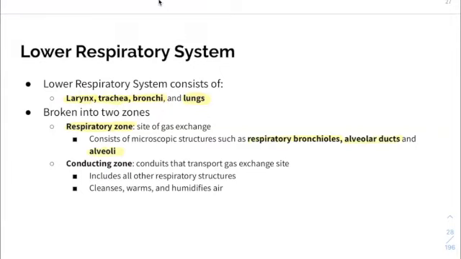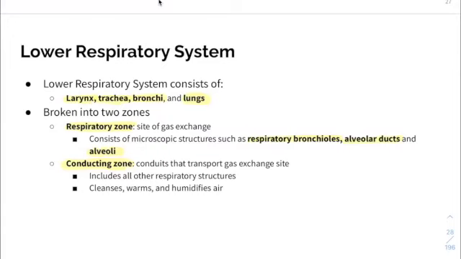We have conducting zones. These conducting zones help transport carbon dioxide where it needs to go, or oxygen where it needs to go to be exchanged with the blood. It takes carbon dioxide back out so it can be breathed back out.